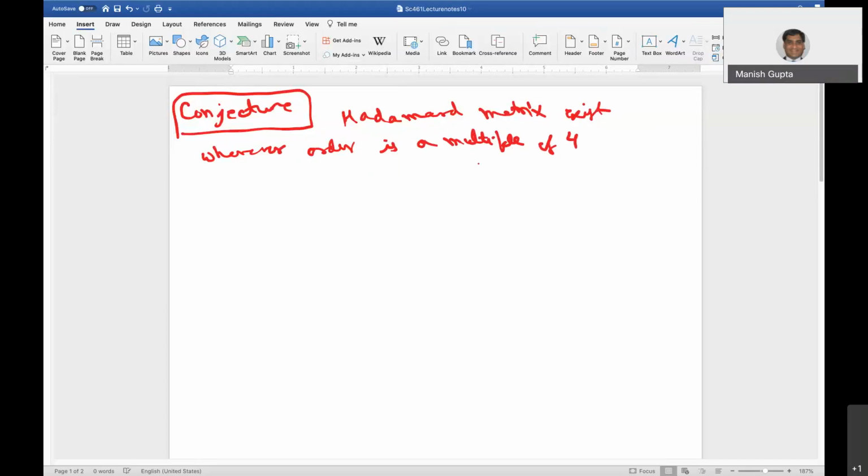No proof is known yet. So this is an open problem, an interesting problem. These are the two basic results about the Hadamard matrix.